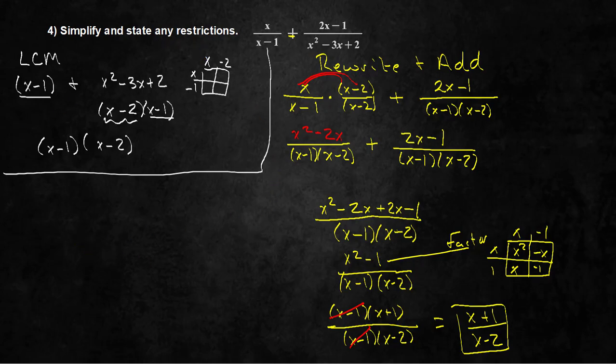And so the last part it asks for is to find the restrictions. So on this, if we just have to add or subtract, your restrictions are going to come from your LCM. You're going to say each of these factors equal to 0.